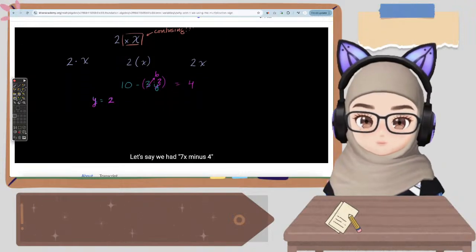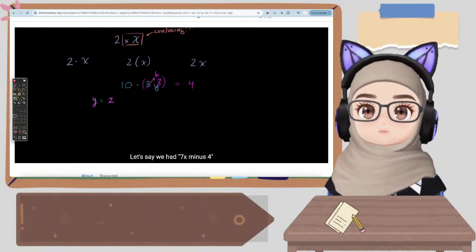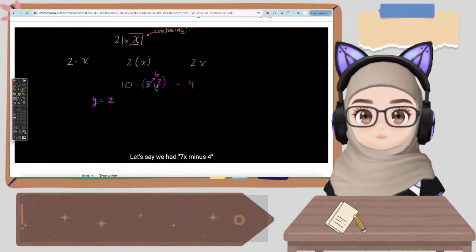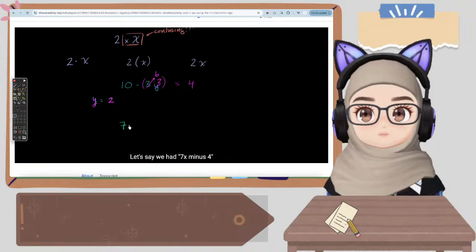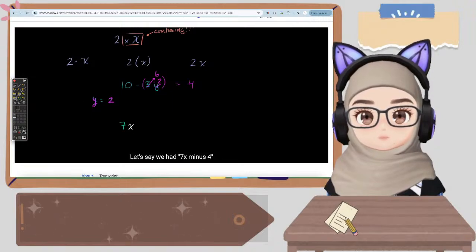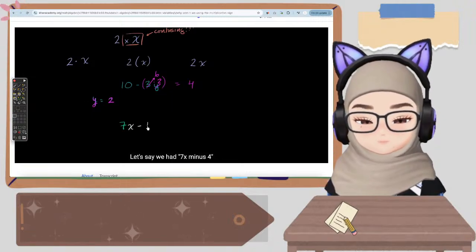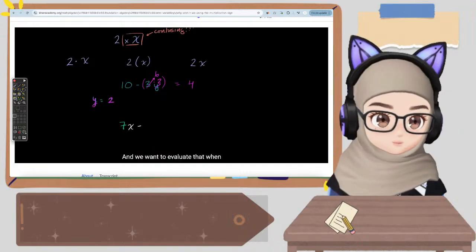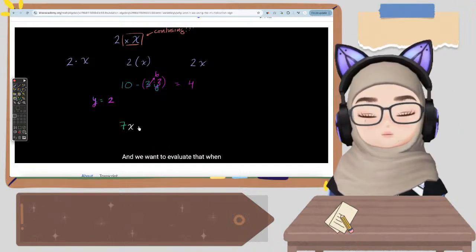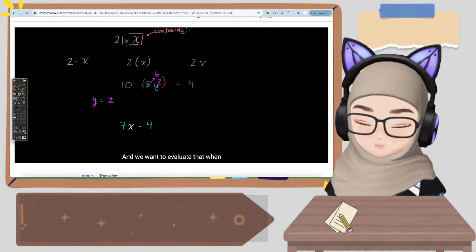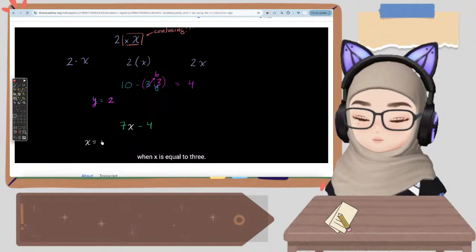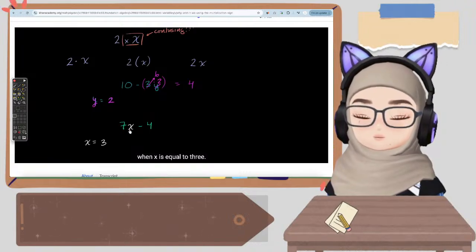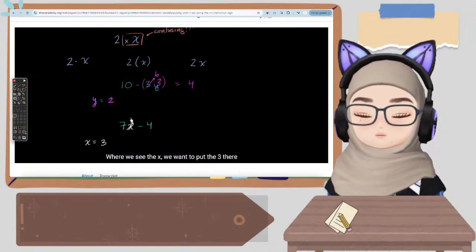Let's do another one. Let's say that we had, I don't know, 7x minus 4. And let me do that in that same green color. 7x minus 4. And we want to evaluate that when x is equal to 3. Where when we see the x, we want to put a 3 there.